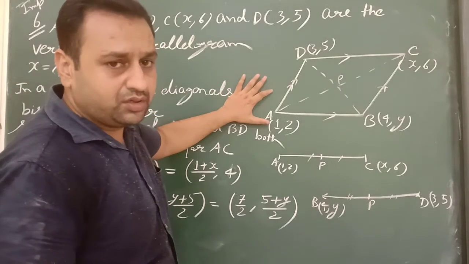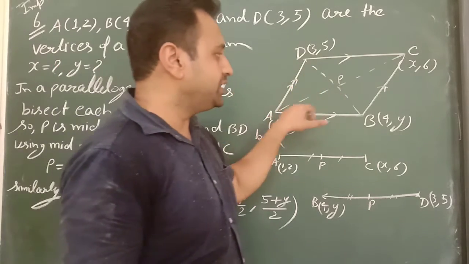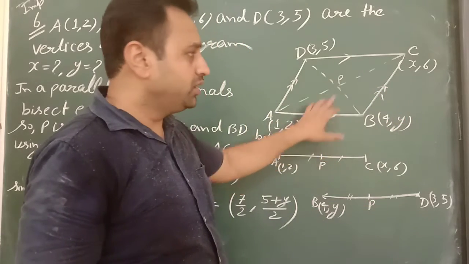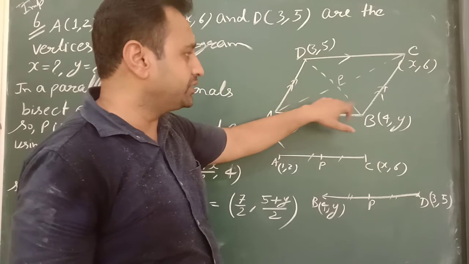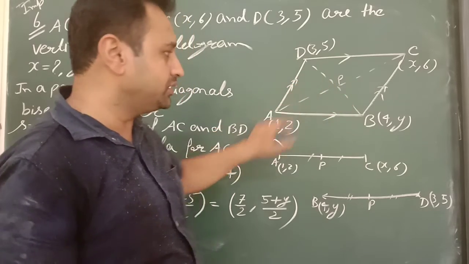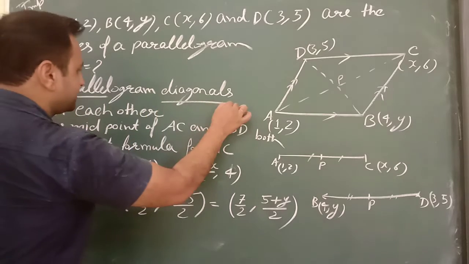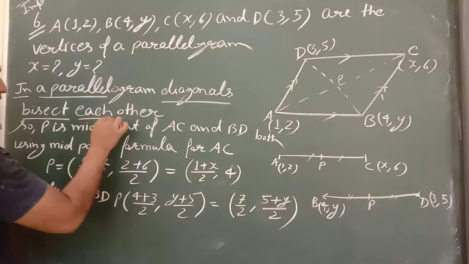In a parallelogram, opposite sides are parallel, opposite sides are equal, opposite angles are equal, adjacent angles are supplementary, and a special property: diagonals bisect each other.